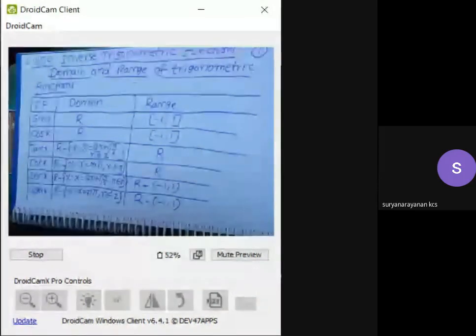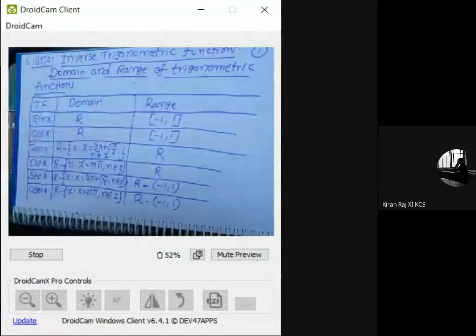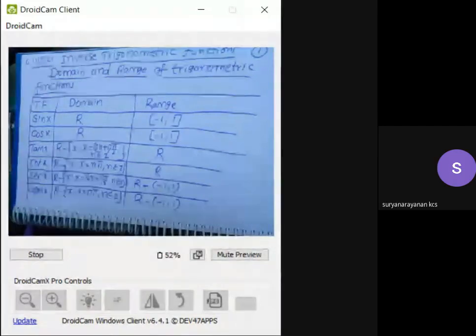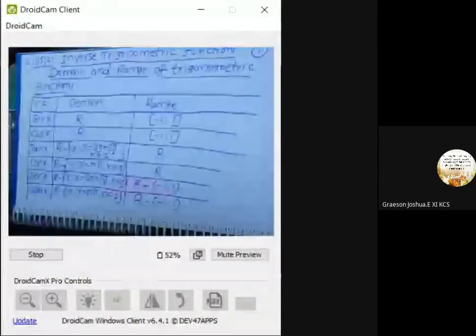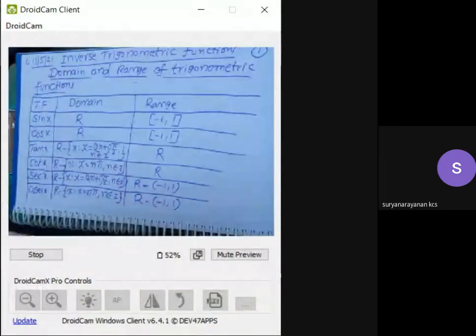Sir, can't hear your voice, sir. Grayson? Sir? Which type of functions are invertible? Sir, bijective function is invertible, sir. Bijective functions, yes, only bijective functions are invertible.